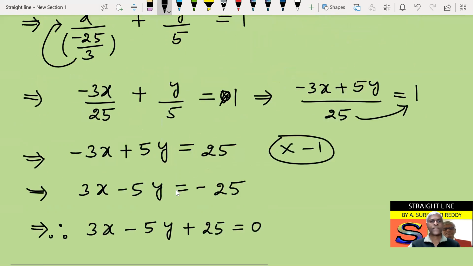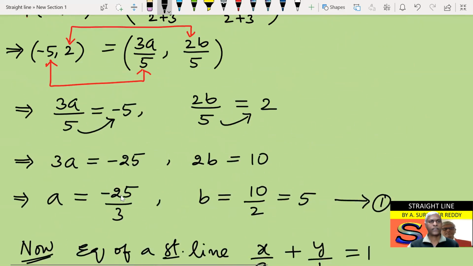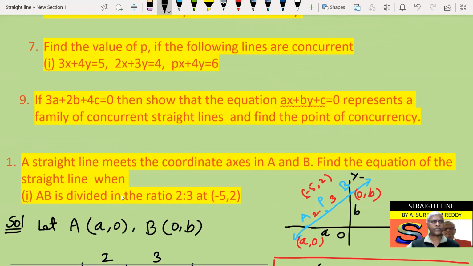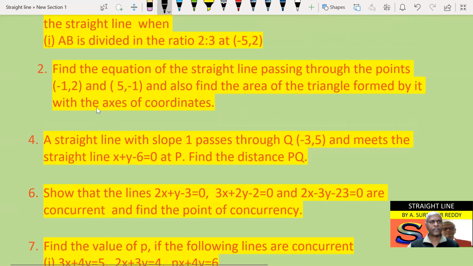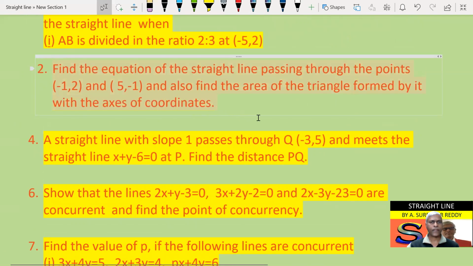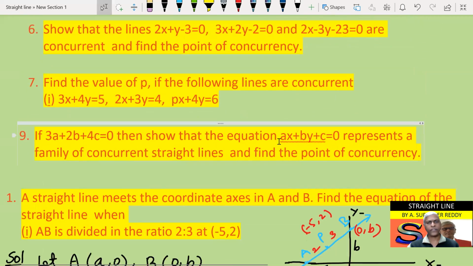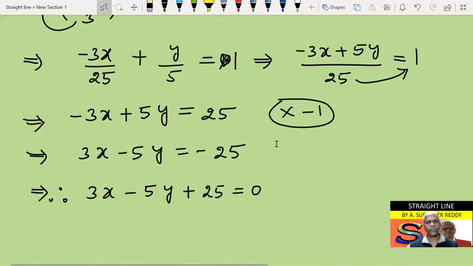Now let us take up one more question. Find the equation of straight line passing through the points and also find the area of the triangle formed by it. Two points are given. First, find the equation passing through the 2 points.